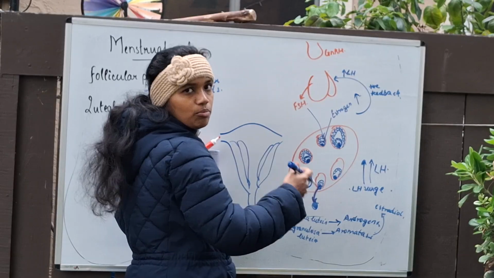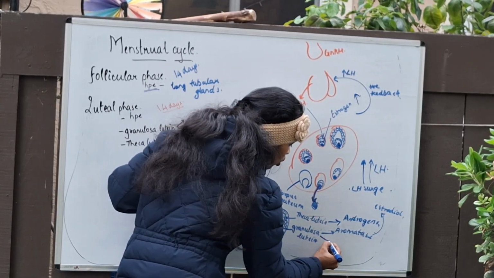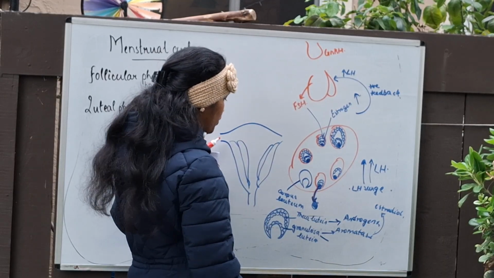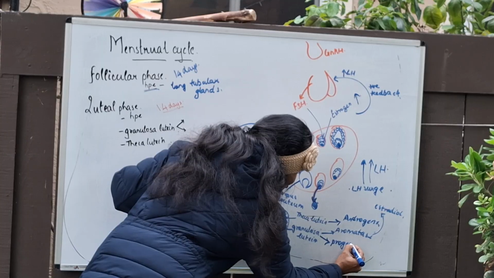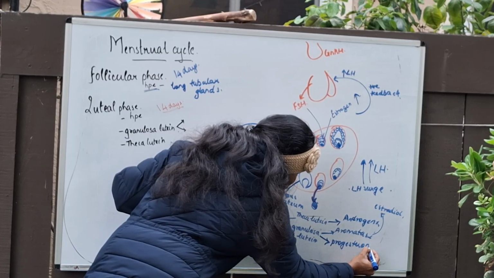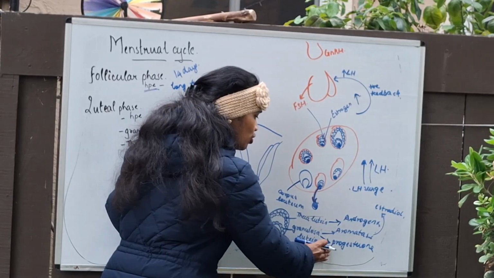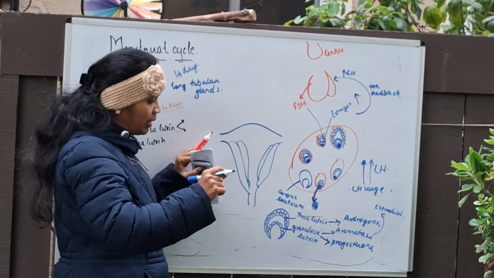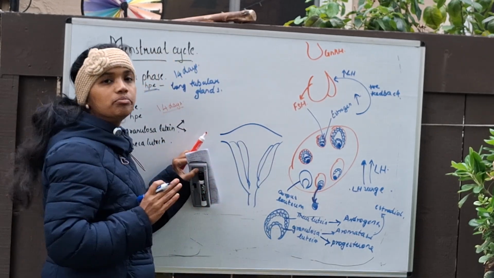I have more details about it in the estrogen lecture. And the granulosa lutein will also be producing progesterone. So this is the main role of the corpus luteum, that is the granulosa lutein. The progesterone which is produced by the corpus luteum, and in particular by the granulosa lutein, will help to maintain the endometrial bed.